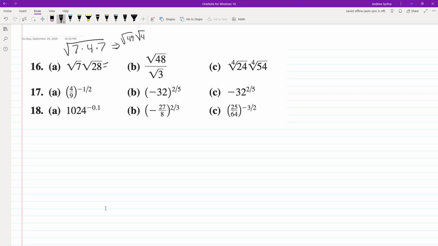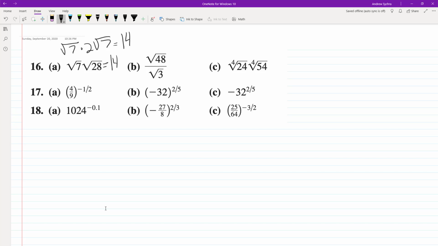Or no, that's not right. Same thing, 7 times 2 root 7. So it becomes, yeah, I was right. Sorry. And then square root of 49, so that's equal to 14.